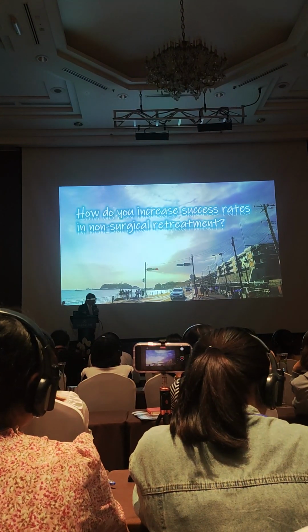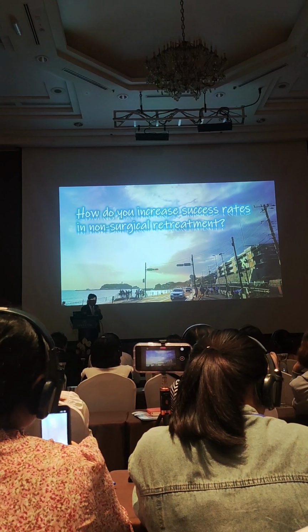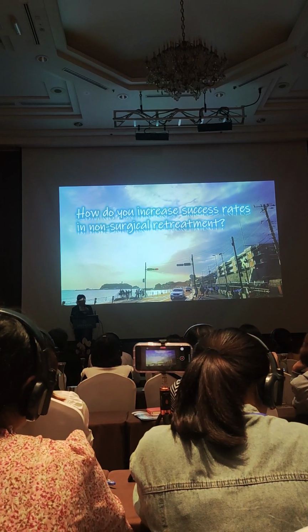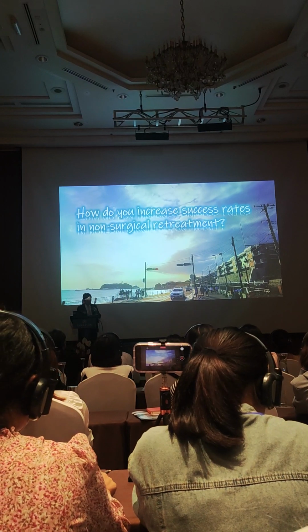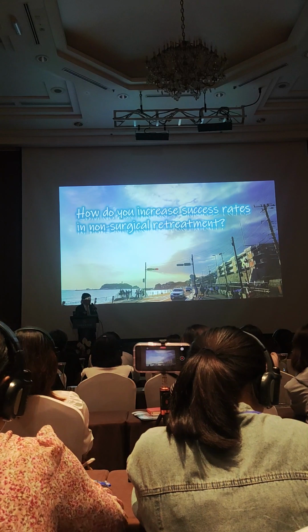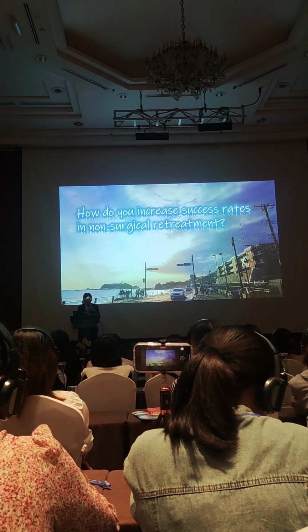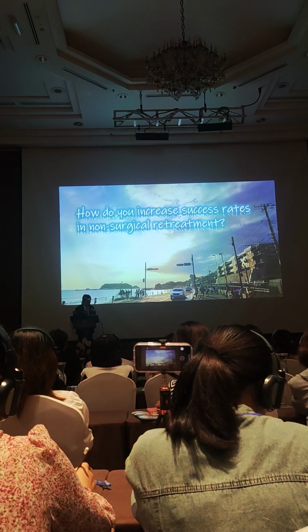So that's why, as I told you, the most important thing to be successful in endo treatment is making an accurate diagnosis, followed by the treatment planning. But I'm sorry, I don't have the time to show you everything, including the diagnosis and the treatment planning. So I will go to the endo retreatment.